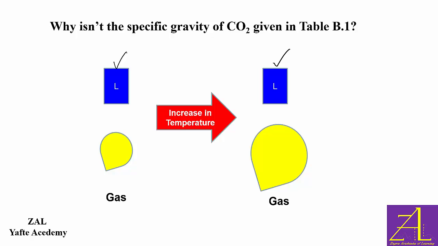However, gases are much more sensitive to increase in temperature. So at this temperature, if the volume of gas is this much, then it's going to increase a lot at a higher temperature. Therefore, it's not worth tabulating the density of gas in tables. Instead, we are going to have other ways which we will address in the future to get the properties of gases.